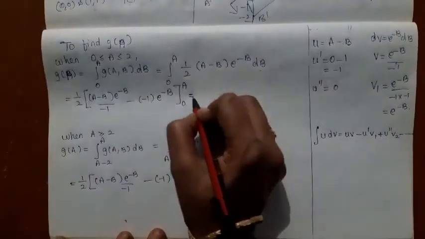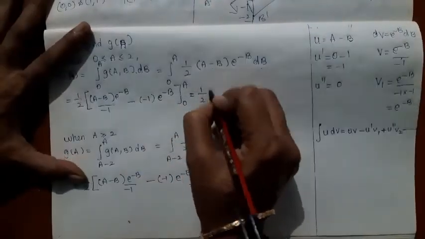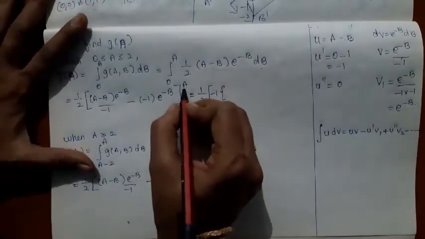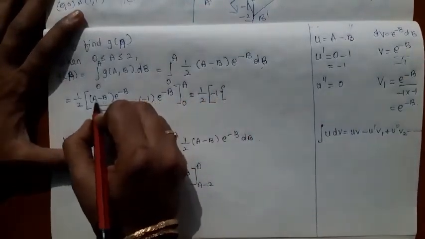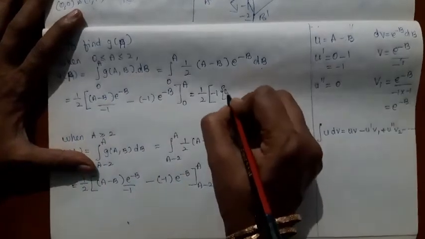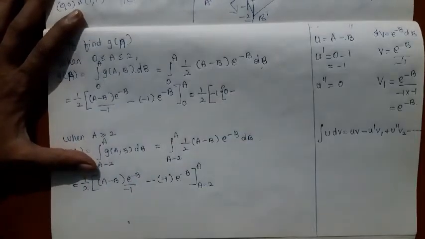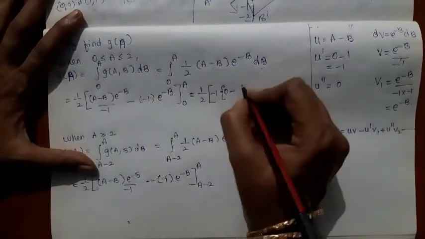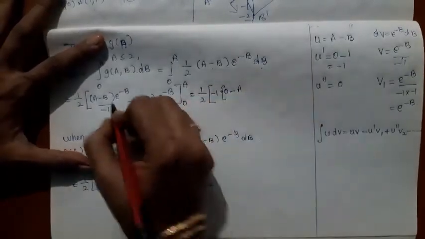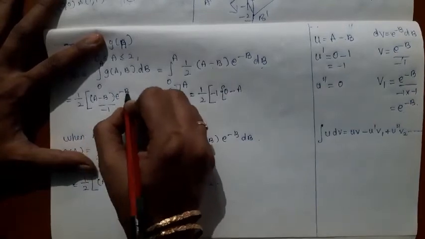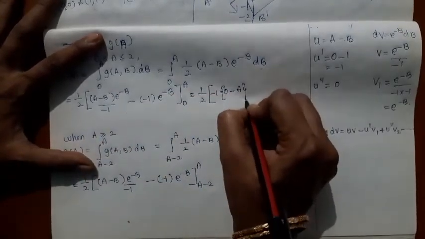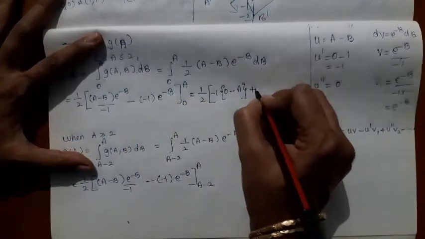Okay, let us substitute the limits now. 1 by 2. Let us take this minus 1 outside. Put b is equal to a. What happens? a minus a becomes 0 into 0. Anything is 0. And then put b is equal to 0. You get a e power a minus 0 a. E power minus 0 is 1. That's all. Okay. Minus into minus is plus.